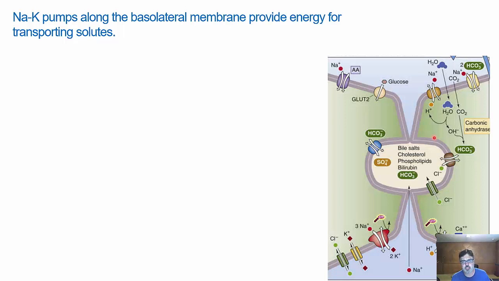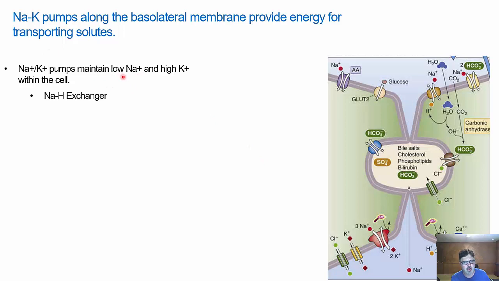Now, of course, to transport these substances, we will be relying on our sodium gradient. So all along the basolateral membrane, we have these sodium-potassium pumps. So here's a sodium-potassium pump here. That's going to provide us the energy in that sodium concentration gradient to drive the movement of several other things. So, for example, the sodium-potassium pump is maintaining that low sodium concentration inside. It's going to be able to use that concentration and pump out protons.